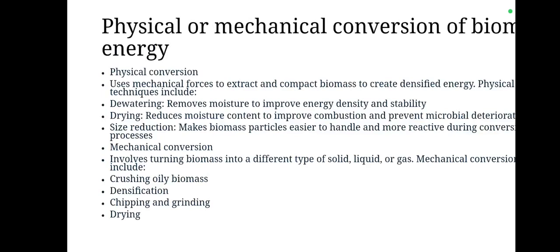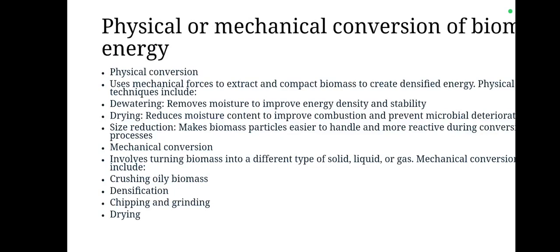The first method, physical or mechanical conversion of biomass energy. That means using mechanical forces to extract and compact biomass to create densified energy.